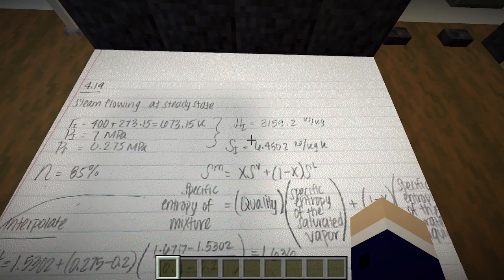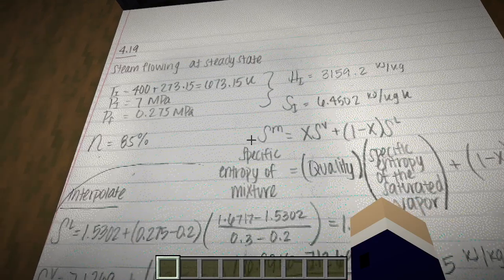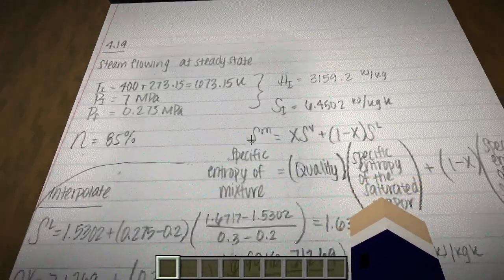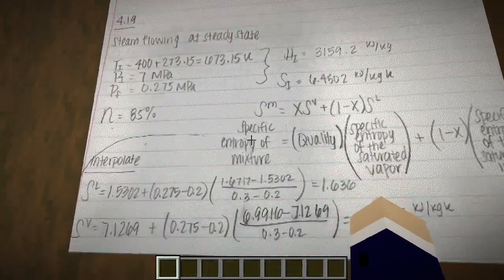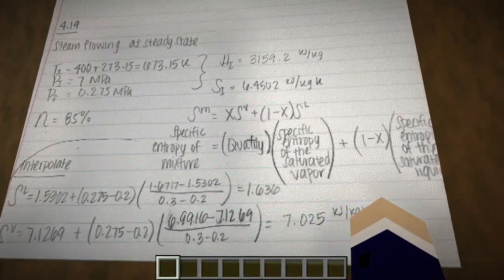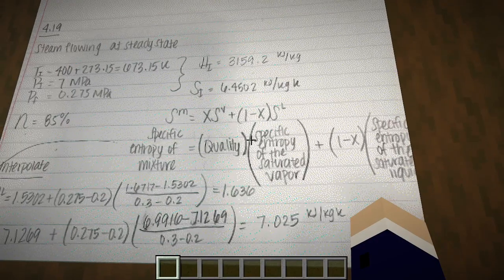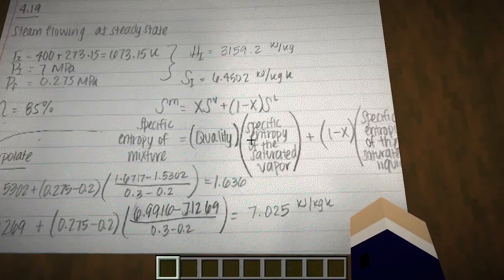So we wanted to find the quality of our exiting stream. We have the quality equation right here, where S_i is equal to S_M, the entropy of the mixture. X is our quality. S_V is something we'll have to calculate. It's the specific entropy of saturated vapor.